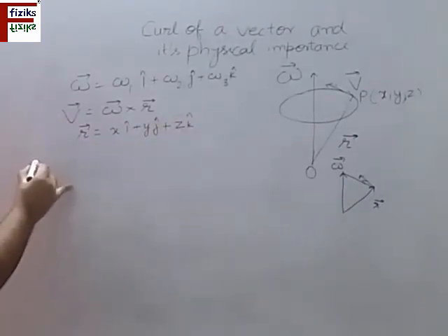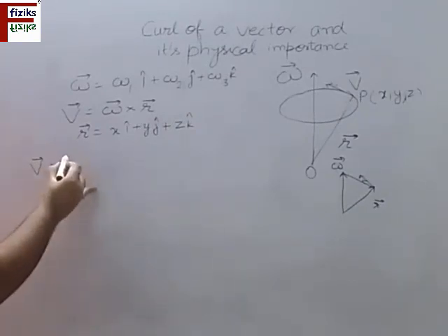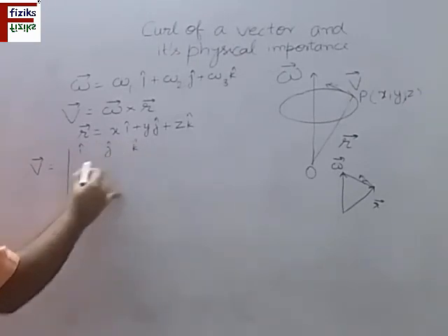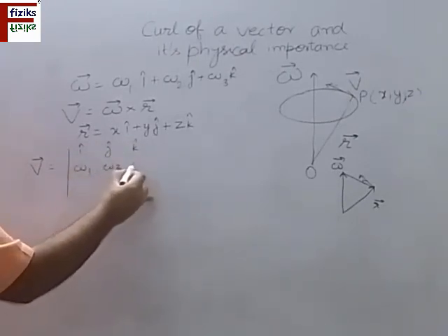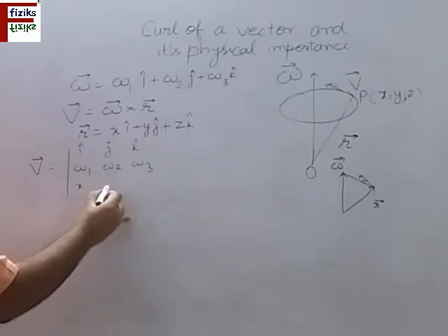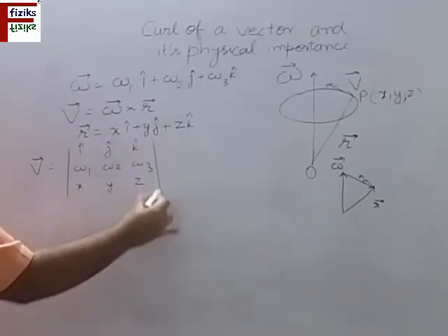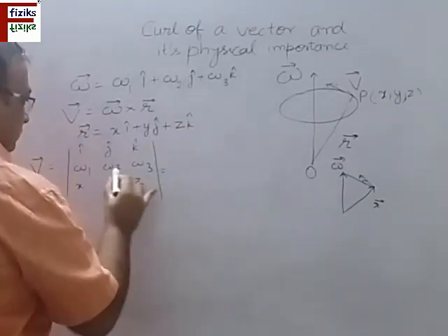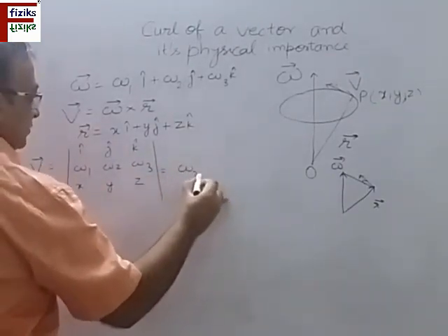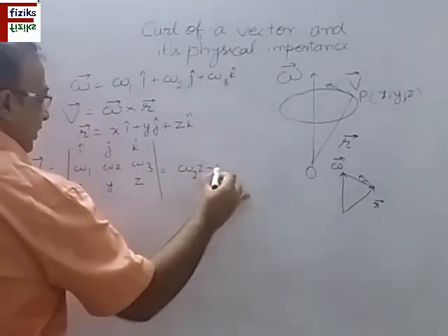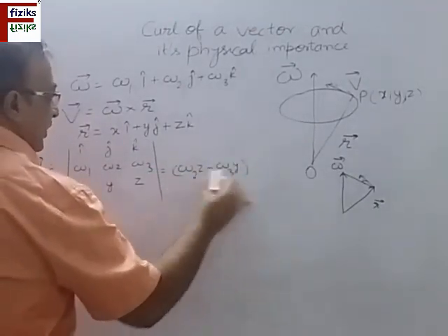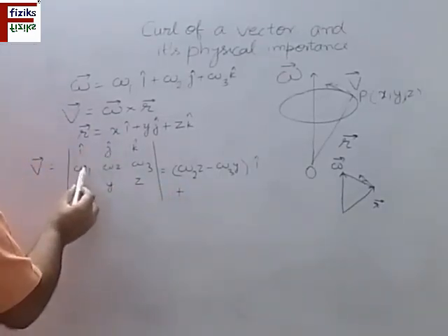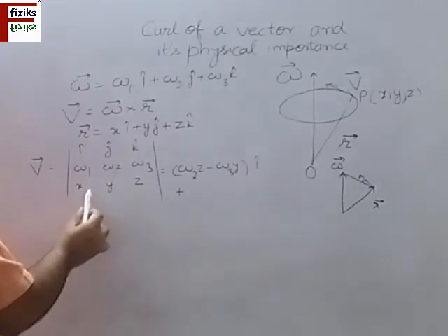So now let us calculate v, omega cross r: i, j, k; omega 1, omega 2, omega 3; and x, y, z. So this is equal to omega 2 z minus omega 3 y into i, plus j will be omega 1 z minus this with minus sign.